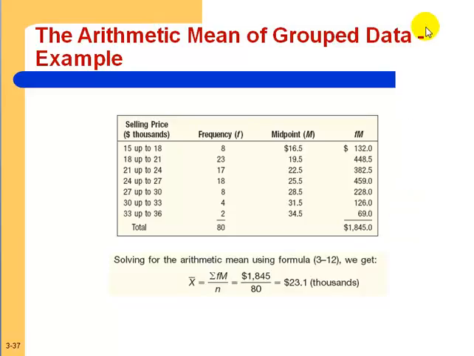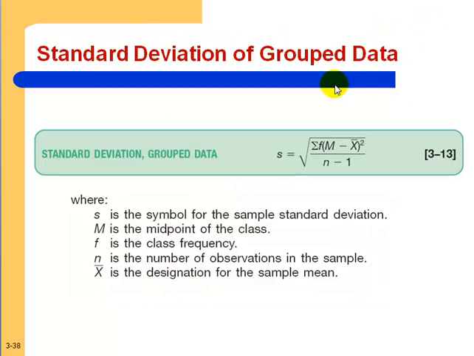This is the formula for the standard deviation of the grouped data. S is the symbol for the sample standard deviation, so that equals the square root.